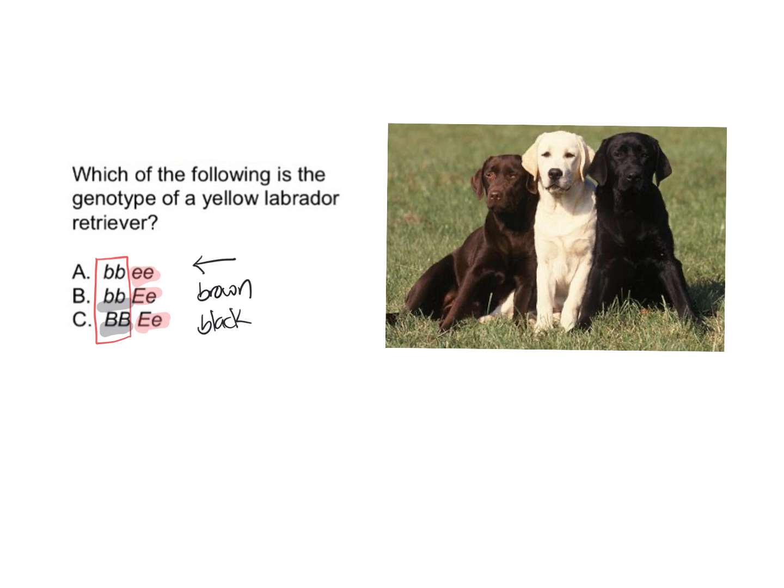Let's try a question for the next level up. Imagine that you have two parent Labradors. Both of them are heterozygous for both genes. So the father and the mother are both heterozygous for both genes.